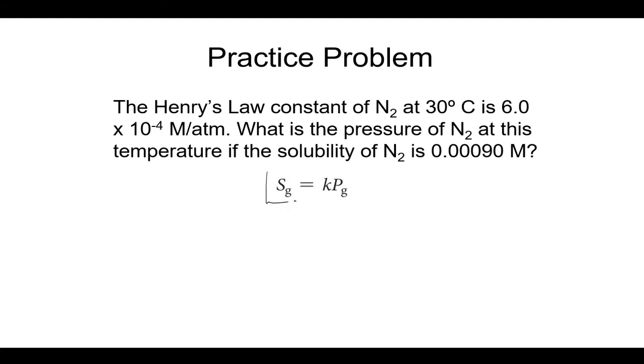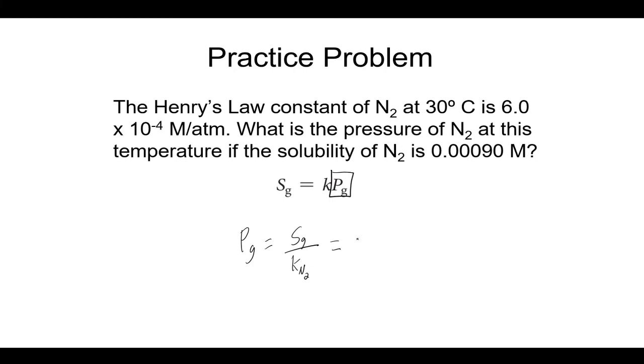Okay, you just have to remember Henry's law formula. The math is very straightforward here. It's just about recognizing what is the pressure. This is what you're looking for. So the pressure I'm looking for is going to be the solubility divided by the Henry's law constant for nitrogen.